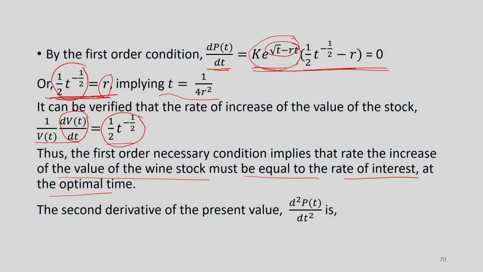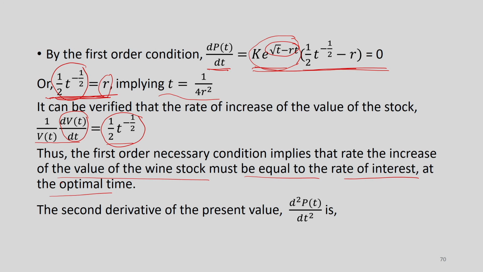Instead of putting your money in stocking the wine, if you put it in the bank, then r is the rate of interest that you get. So, at the optimal time, these two sides must match with each other, the rate at which money grows in the bank and the rate at which the value of the wine stock grows in the cellar. These two must be matching with each other.